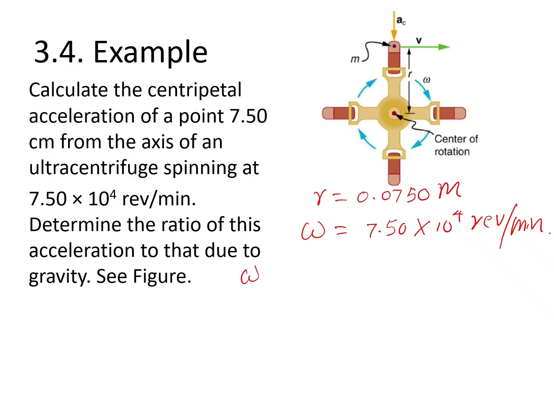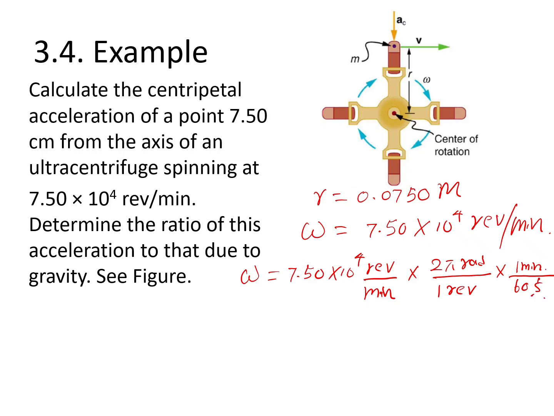So omega is equal to 7.5 times 10 to the power 4 revolutions per minute, multiplied by 2 pi radians per 1 revolution, multiplied by 1 minute per 60 seconds.